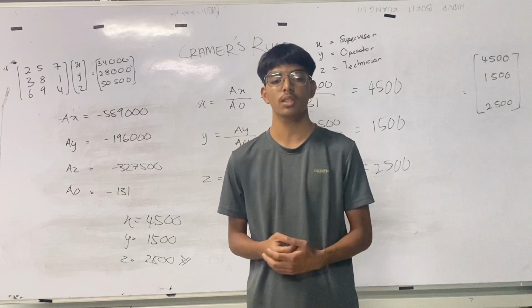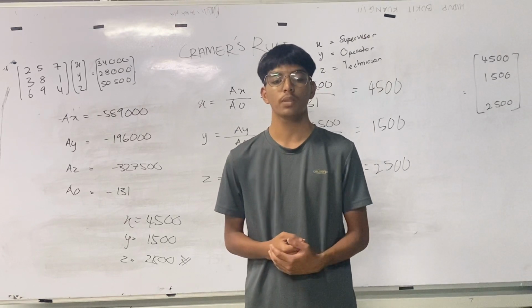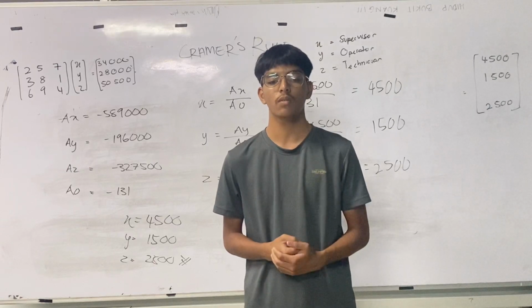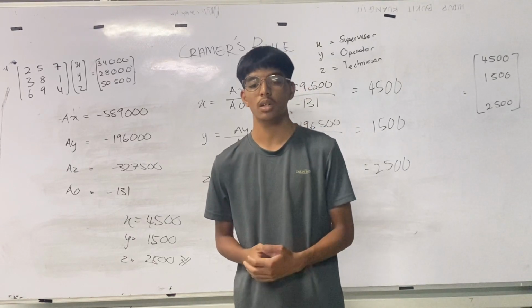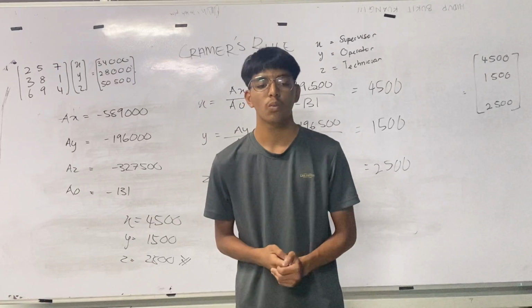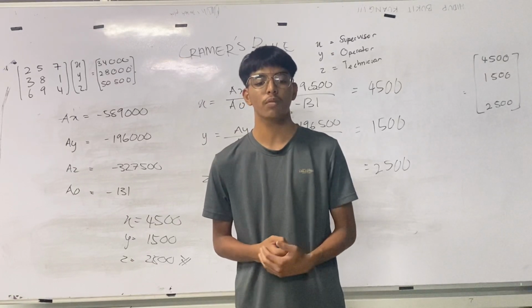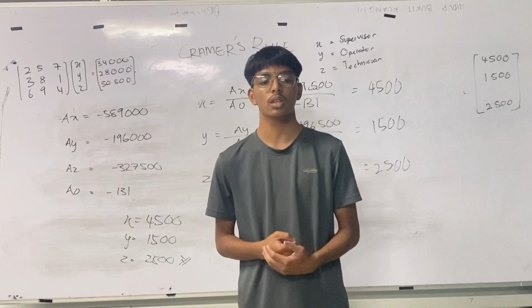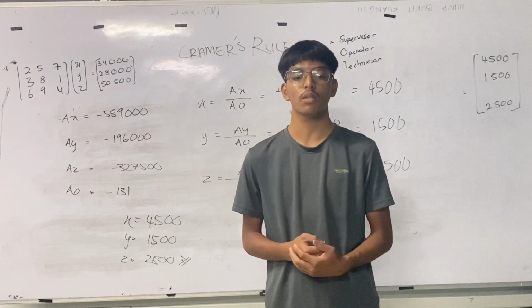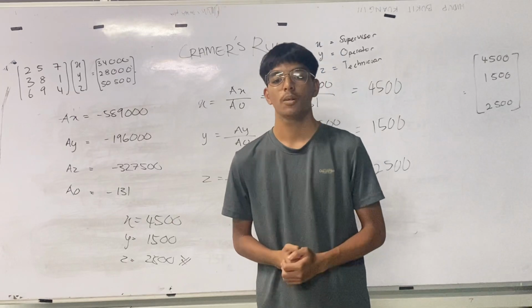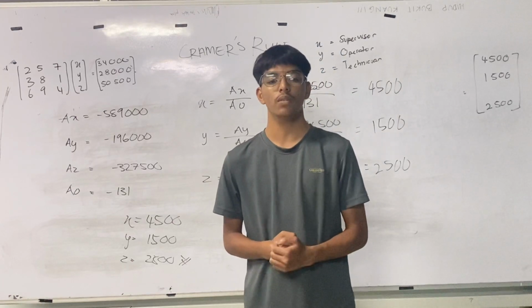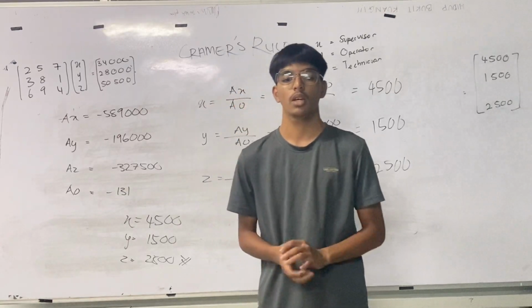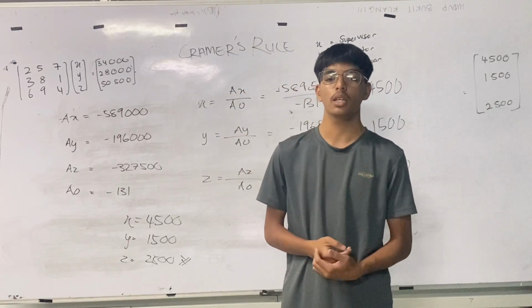Next, the supervisor compensation is 4,500, the operator salary is 1,500, and the technician income is 2,500. As a result, managers can use the projected table to estimate the number of employees and the salary payment cost quickly.